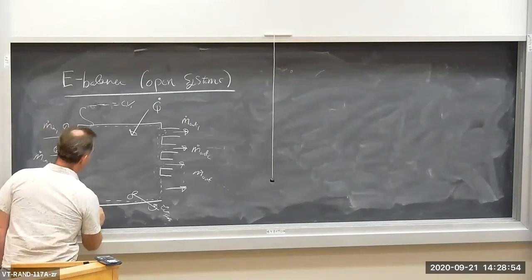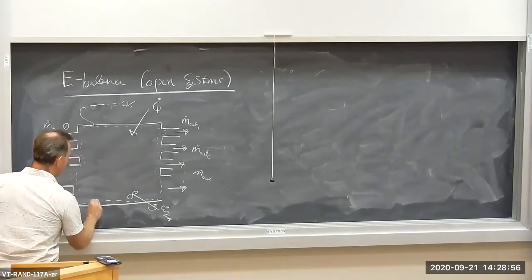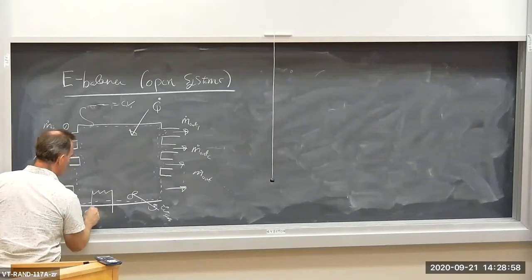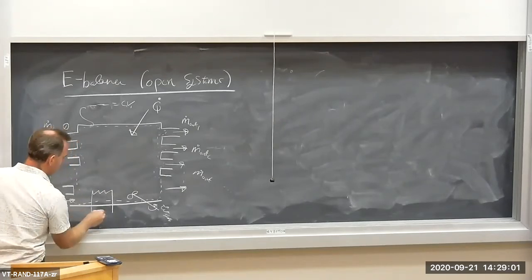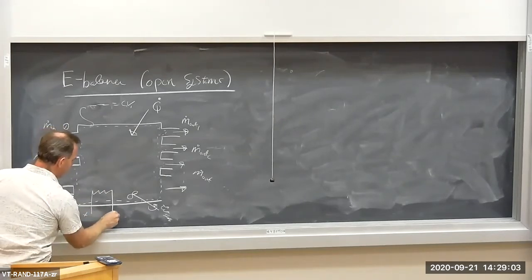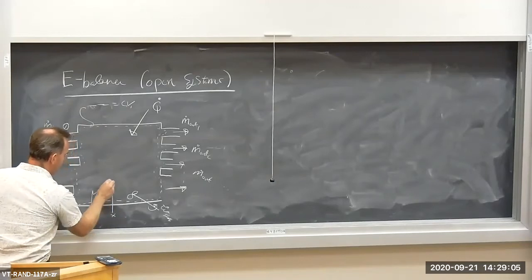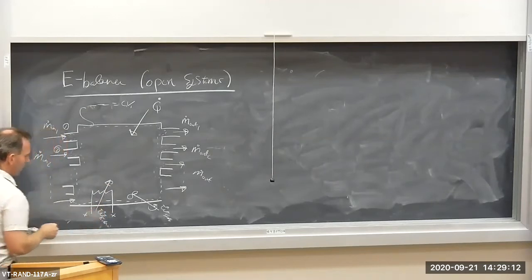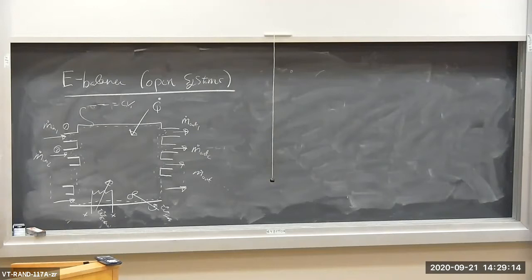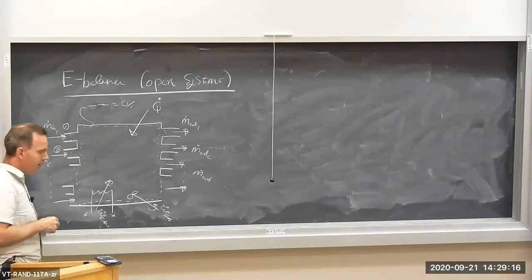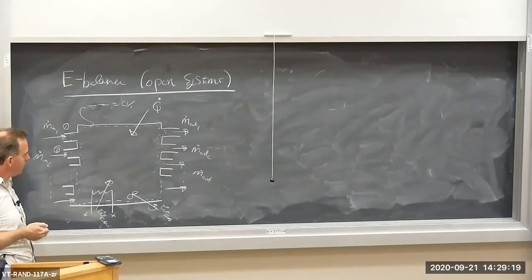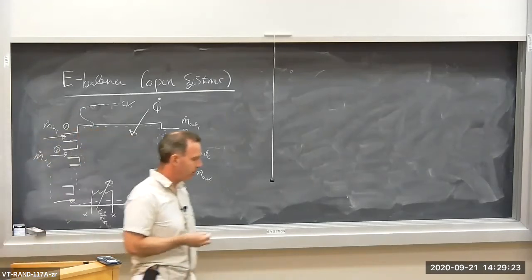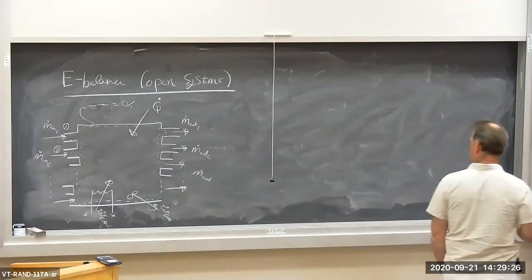I could also have some wires in here, the positive and negative lead, and therefore I can have some W dot electric. That would be work on the system. Pass a current through the wire, you're doing work on the system as it's being dissipated through a resistor.